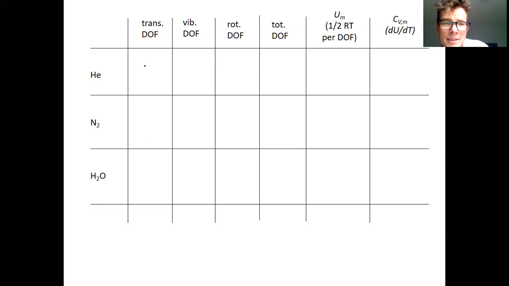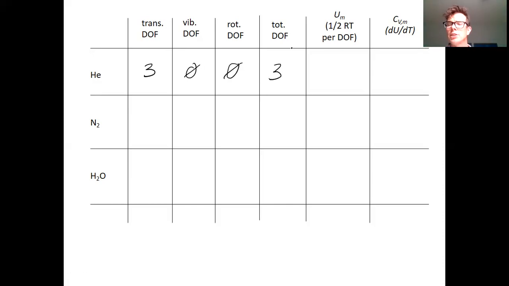I just said helium is a monatomic gas. It has 3 translational degrees of freedom. It can move in X, Y, and Z. Can't vibrate, so it has 0 vibrational degrees of freedom. It can't rotate, so it has 0 rotational degrees of freedom. I add these up. I'm pretty sure my math is right. It has 3 total degrees of freedom.